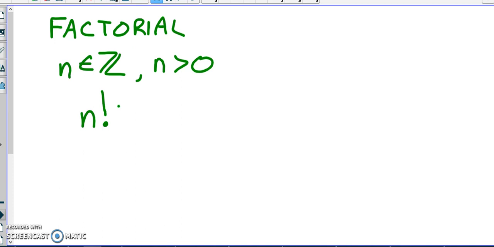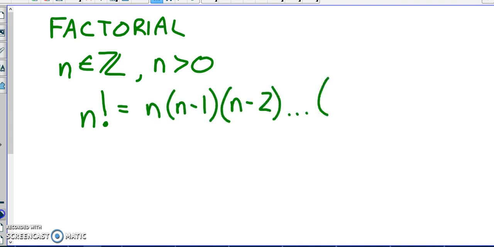It's basically the product of all the integers from n down to 1. So this would be n times n minus 1 times n minus 2 dot dot dot times 2 times 1.